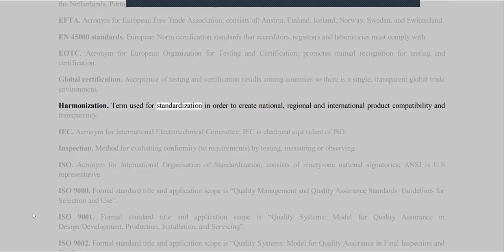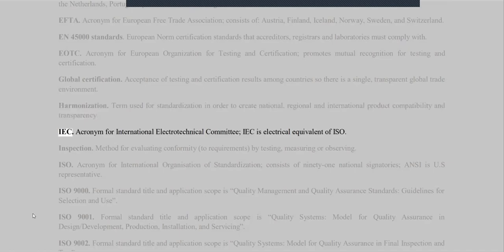Term used for standardization in order to create national, regional, and international product compatibility and transparency. IEC. Acronym for International Electrotechnical Commission, IEC is the electrical equivalent of ISO. Inspection. Method for evaluating conformity to requirements by testing, measuring, or observing.